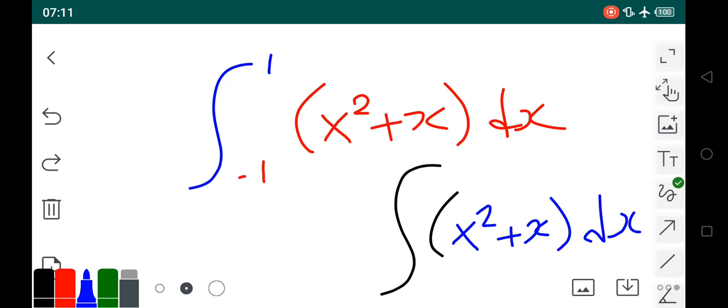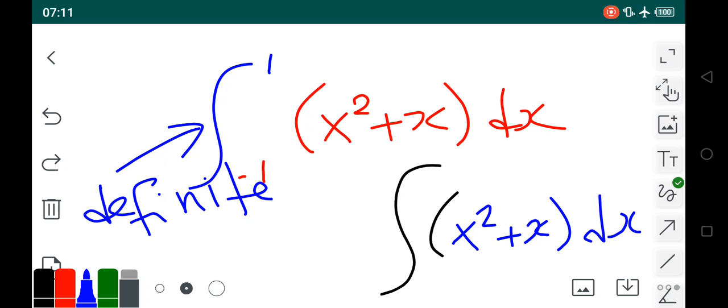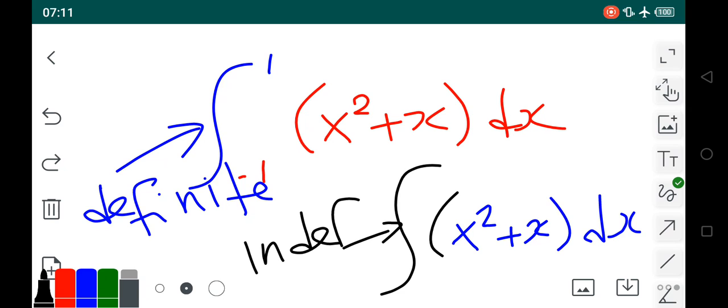The difference is that this one is what we call a definite integral, or definite integration, while if you have this one, basically you have an indefinite integral.